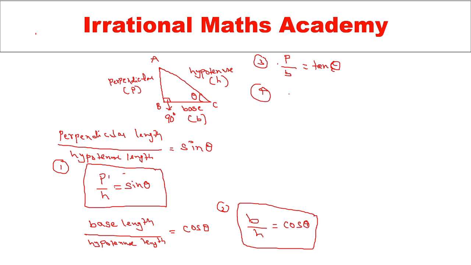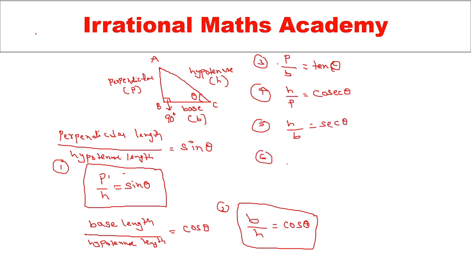Now, hypotenuse length by perpendicular length, that ratio we call cosecant theta. Fifth ratio is hypotenuse length by base length, we call it secant theta.